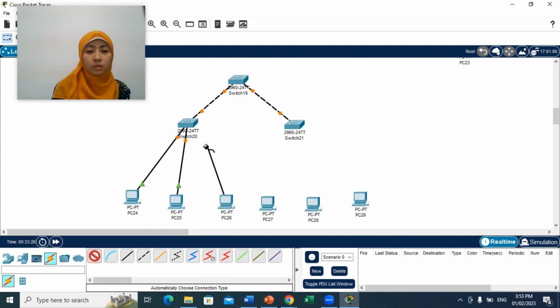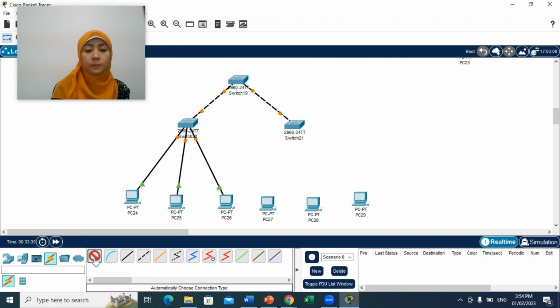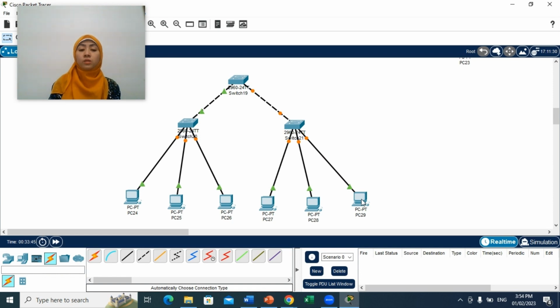This tree topology is actually not in the module, but I guess I just included it, because nowadays some people are also using this one. So I think it's better for us to know it also because it's included in the types of topology. So there you go.